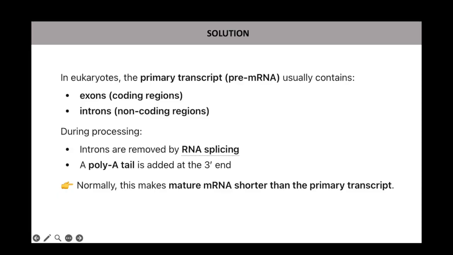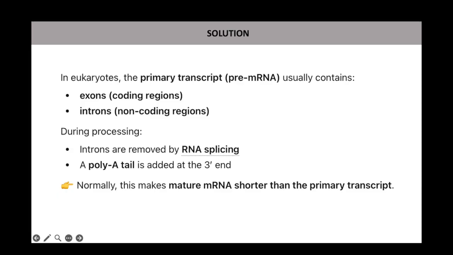So if this is our mRNA with removed introns, then towards the end there is a poly A tail which is added at the 3' region, and now this will be labeled as a mature mRNA.